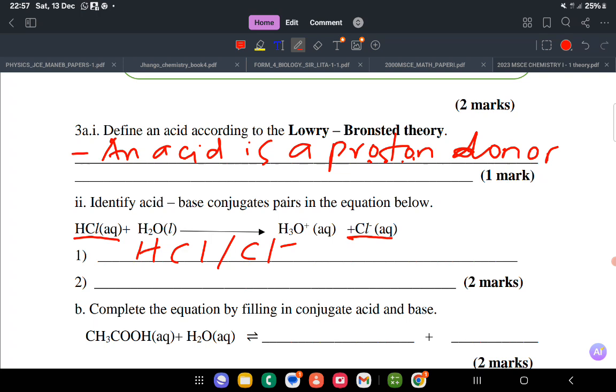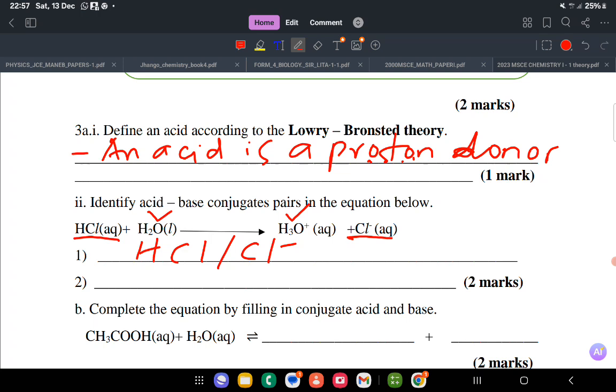Notice that the Cl minus is formed when HCl has donated its hydrogen to water. So the water molecule receives hydrogen from HCl, and a hydronium ion is formed, which is H3O plus.